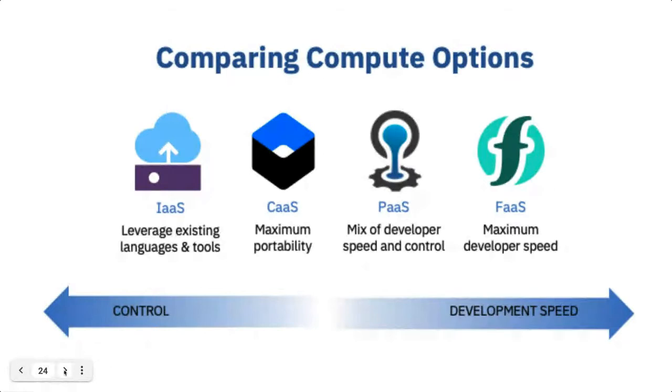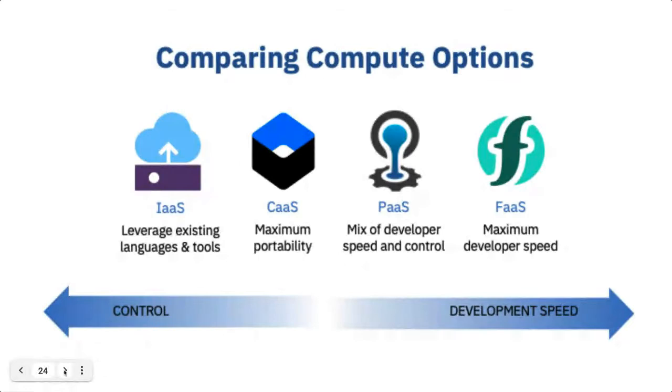This is really going to give you the maximum developer speed. It's going to take care of those infrastructure pieces for you, so you can really just focus on development.